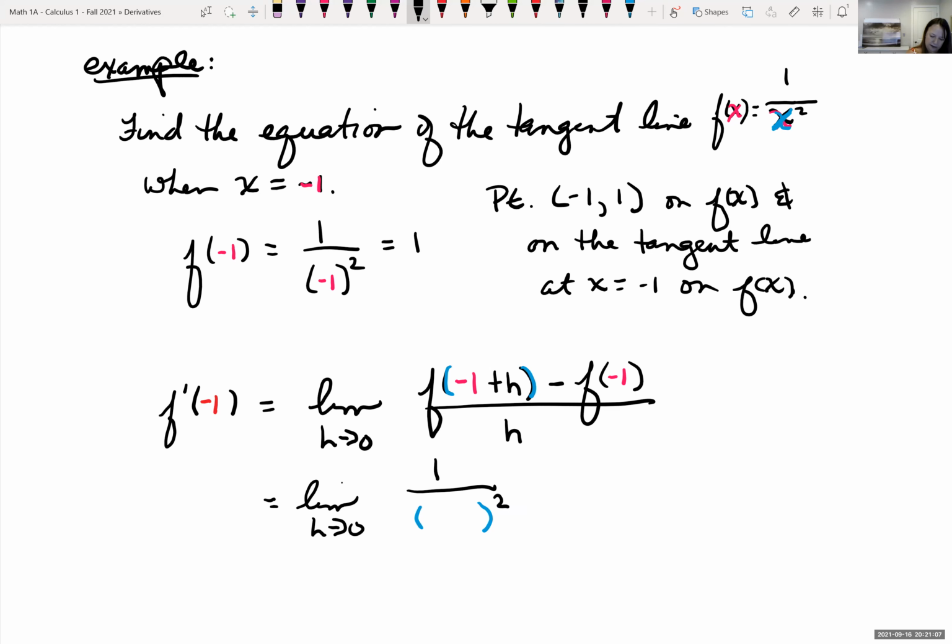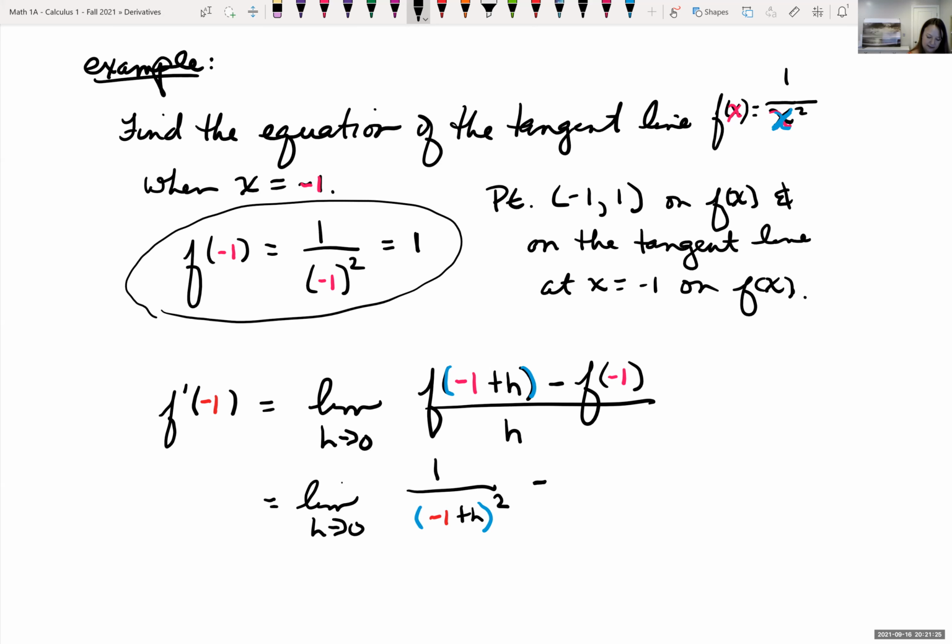And square it. Minus f of -1. We already found f of -1, didn't we? So f of -1 we found was 1.